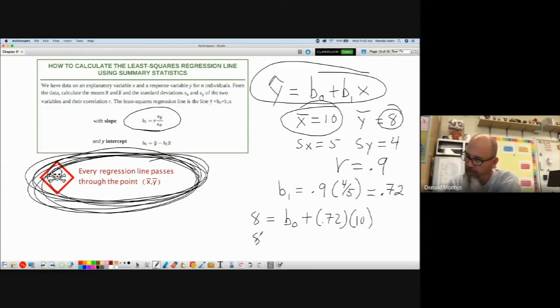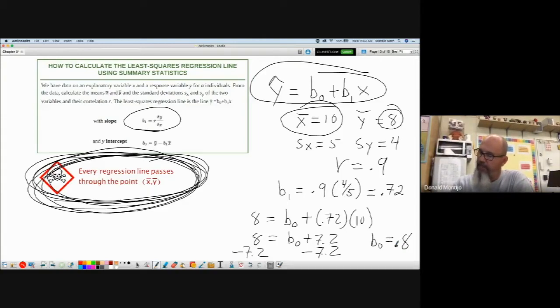I'm simply going to do my math. 8 equals B sub 0 plus 7.2. Subtract 7.2 from each side, and I find that my intercept equals 0.8. Now I've just calculated the least square regression line by hand.